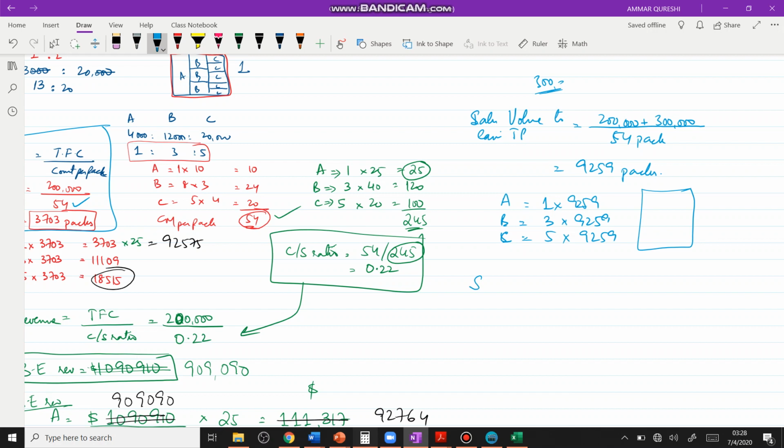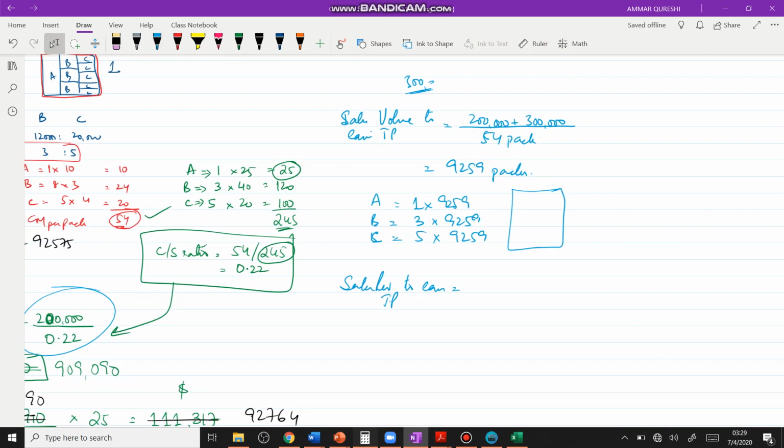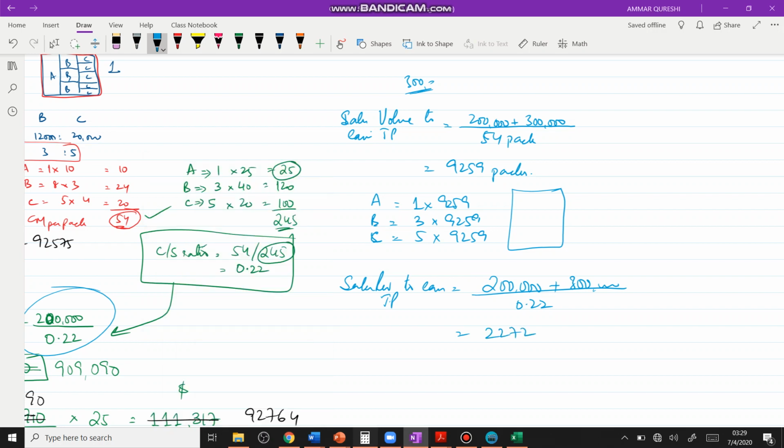Now, if the company wants the sales revenue to earn the targeted profit, what will that be? Simply the same calculation: 200,000 divided by 0.22. 200,000 was the original fixed cost, just add 300,000 here and divide by 0.22. So 200,000 plus 300,000 divided by 0.22 gives 2,272,727, right?